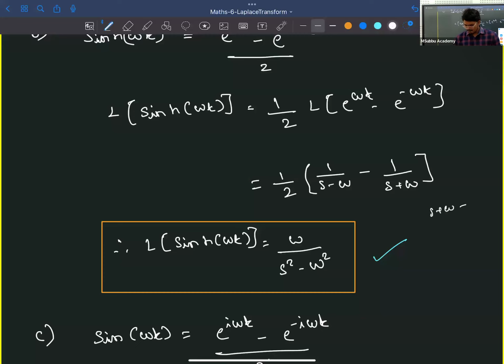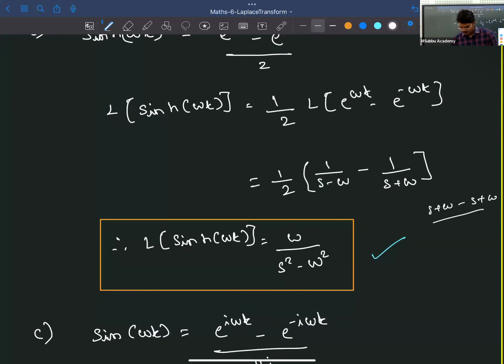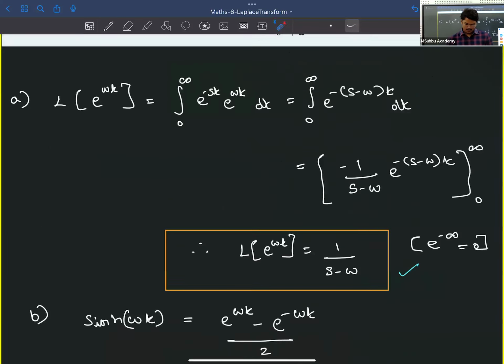So s plus omega minus s plus omega, whole divided by s minus omega into s plus omega. When you solve this, s gets cancelled. Omega will become 2 omega. So this 2 omega, this 2 and this 2 get cancelled. So what you get finally is omega by s square minus omega square, because a plus b into a minus b is in the denominator. So this has been proved.